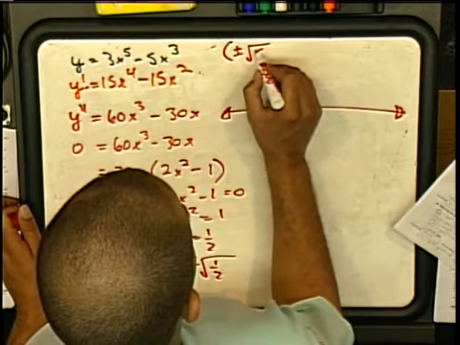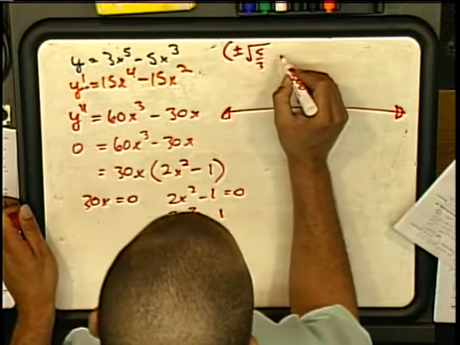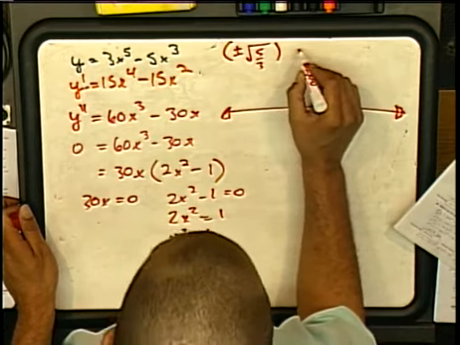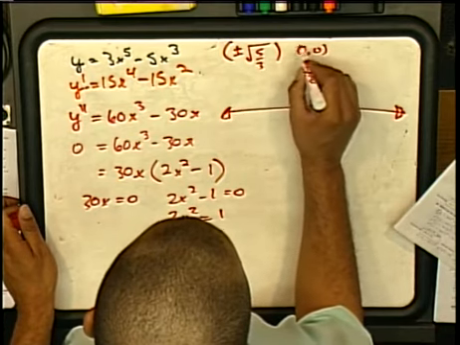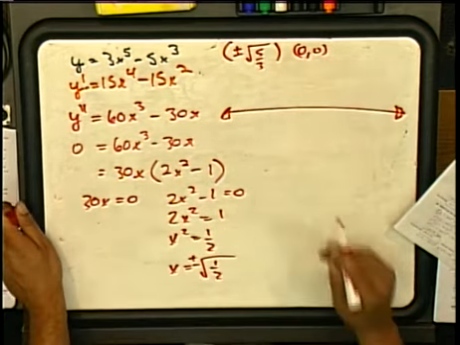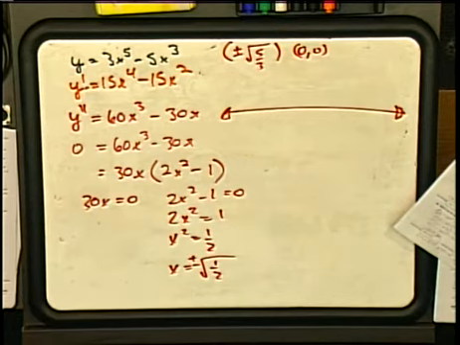Okay, that's the x. 0. And 0. Y equals 0, yeah. Okay. 0, 0.